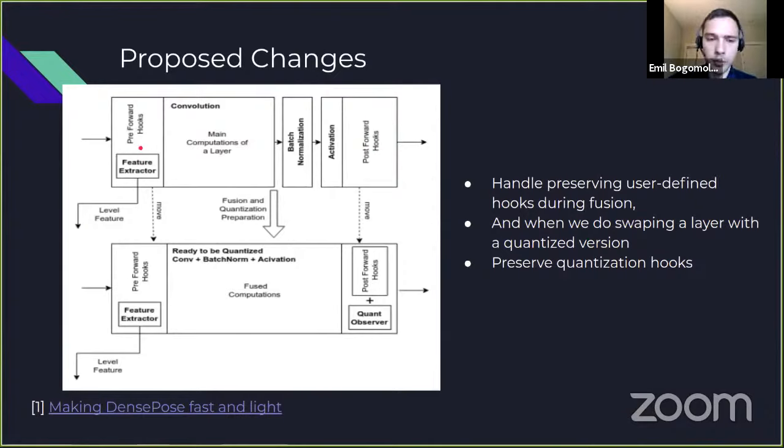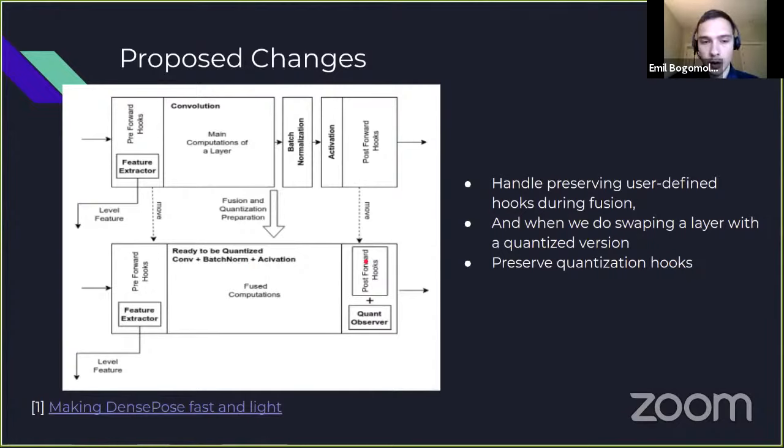I proposed a mechanism to move them from the start of the convolution and from the end of the activation to the end of the fused module. For example, if batch normalization has hooks, they still will be lost, and it is needed to remember that if you want to do it.